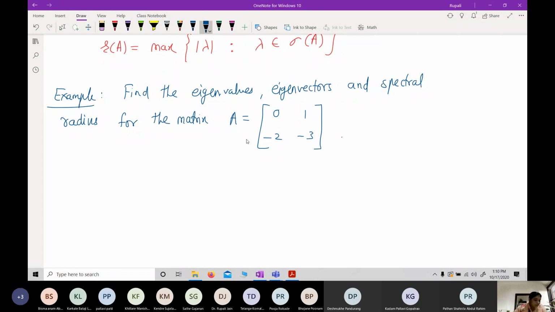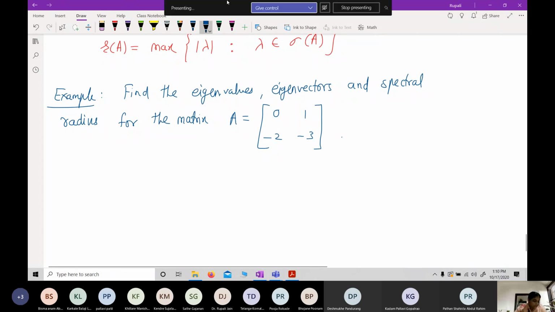Can you find the eigenvalue, eigenvector for this? Now, while solving a system of difference equations, we always have to find eigenvalue, eigenvector.